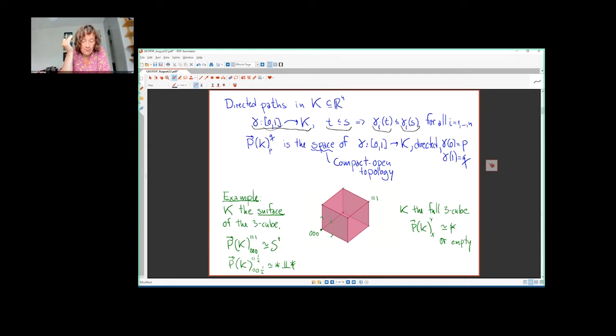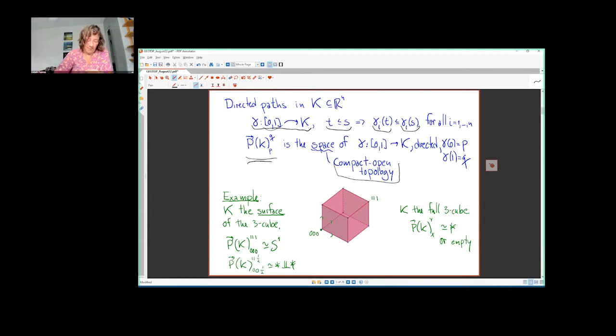And then the things we want to study are actually the spaces of directed paths. You can think about this combinatorial structure, this Euclidean cubical complex, as coding for a lot of these path spaces, and we give them the compact open topology because you do.